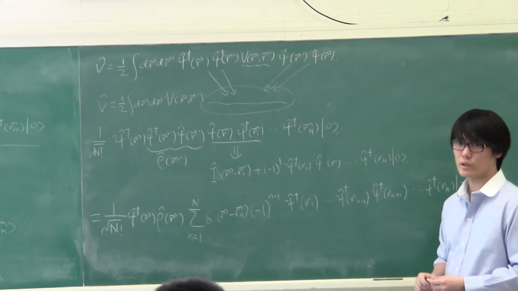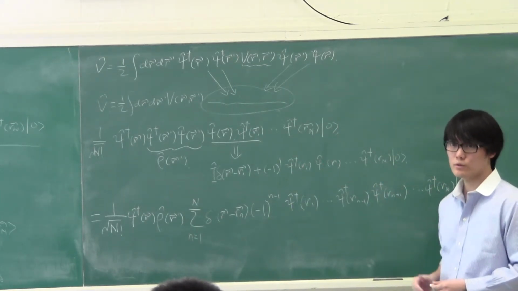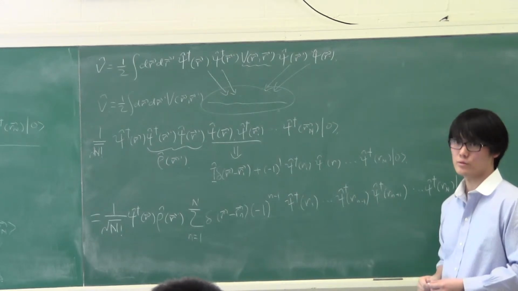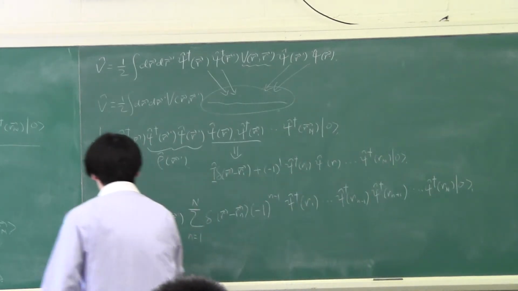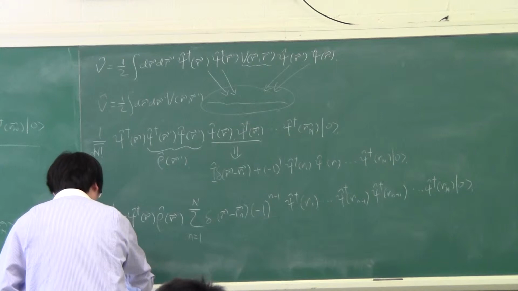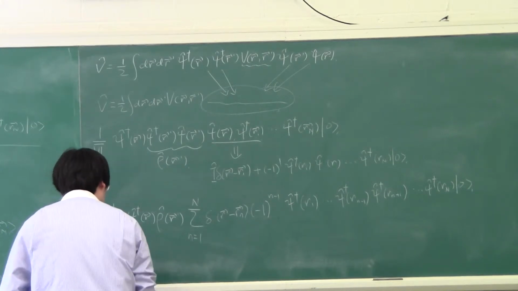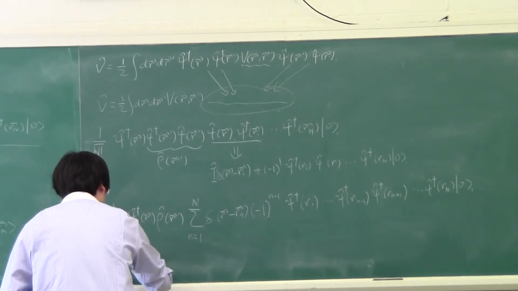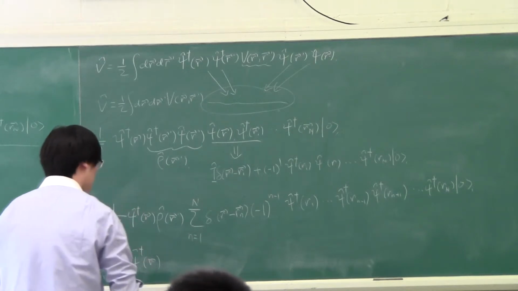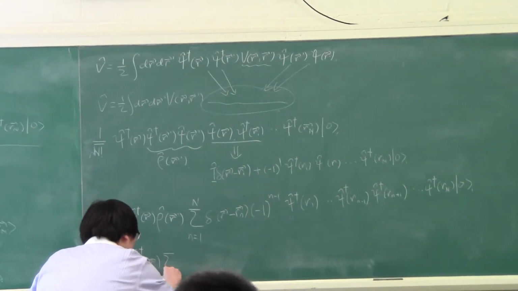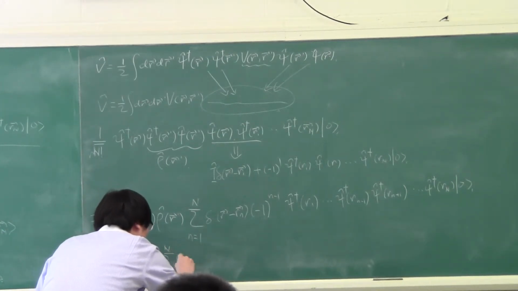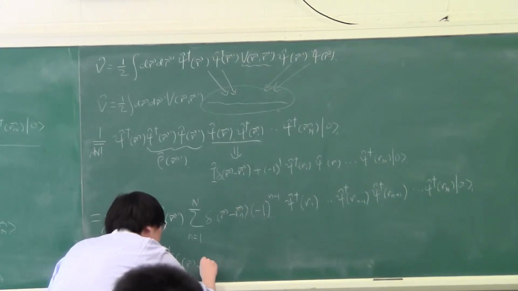It's another bunch of delta functions, excluding the case m equal to n. So let me write this as 1 over this factor here. And this is just bookkeeping right now. Okay. The summation of these delta functions.